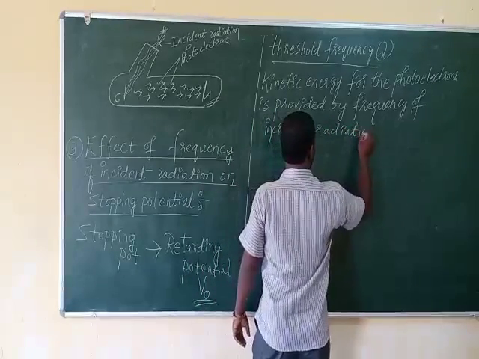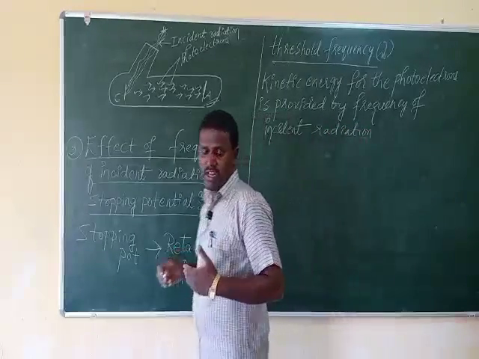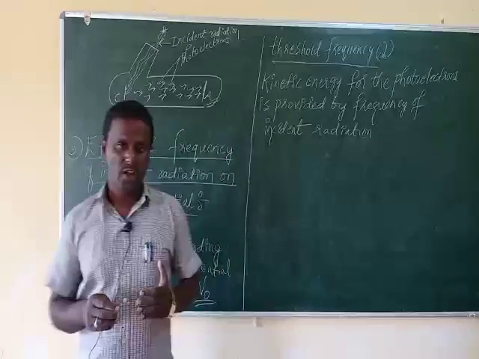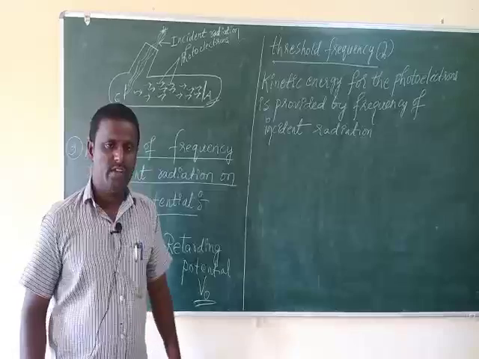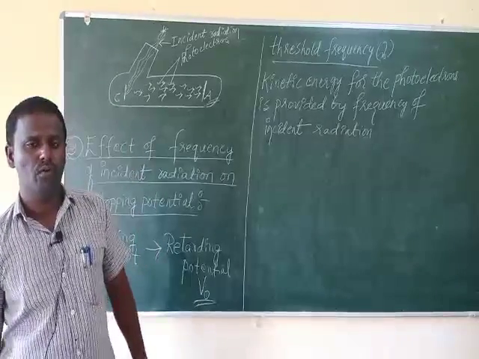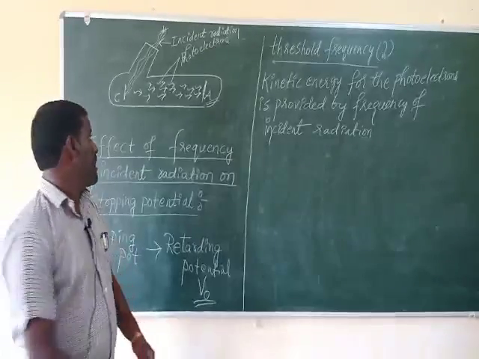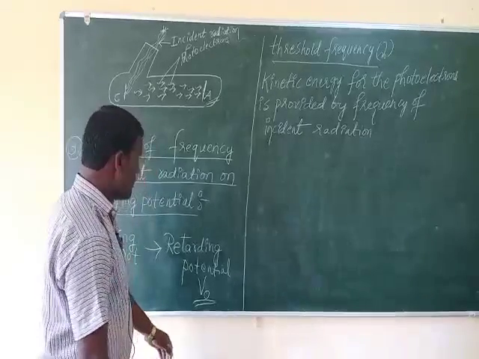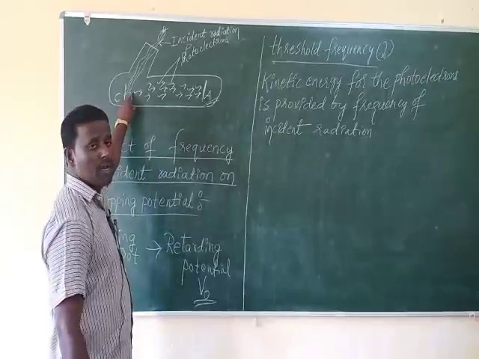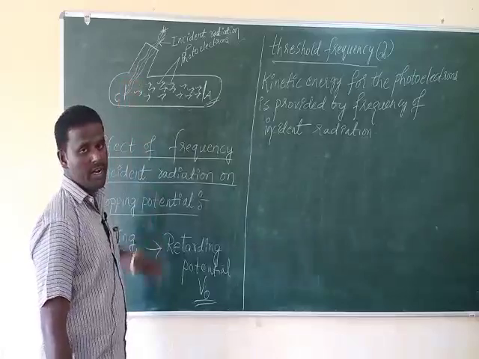So remember, the energy required for the movement of the photoelectrons from plate C to plate A is given by the frequency of the incident radiation.